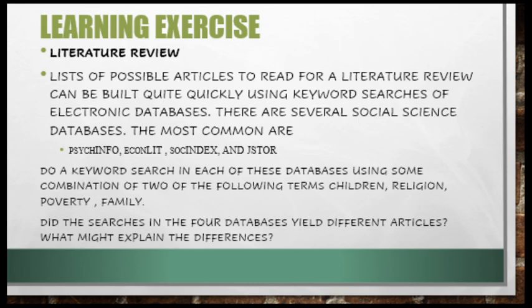Capture a picture of, let's say for example, at least the first four articles that appear in each of these databases, and then paste it on a letter-sized bond paper and send it to our Google Classroom. If you have questions regarding this learning exercise, please feel free to message me.